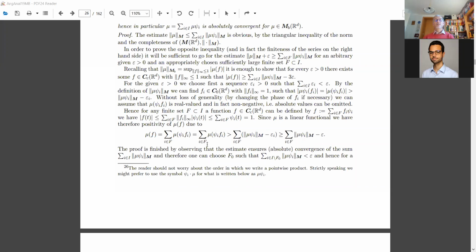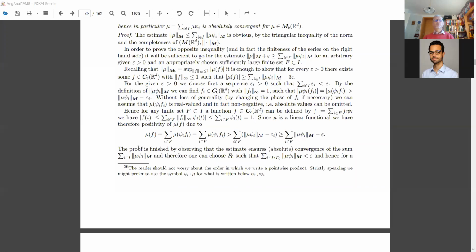For each I that we have under consideration, we have chosen the f with the corresponding number in such a way that you're able to get mu psi I, the norm, minus epsilon I. Now, it's a finite sum, so you're separately summing up over the terms of the mu psi I measure norm, and the sum of the epsilon, and you have seen that they are at most epsilon.